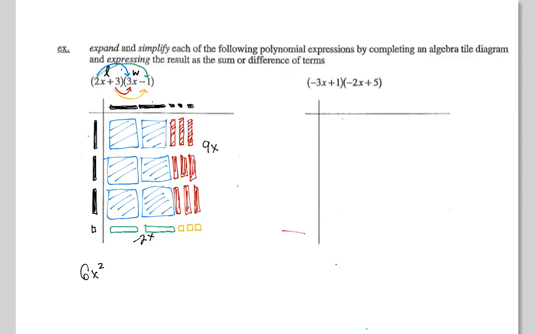So altogether that makes positive 7x. And then the very last term is negative 3. Good. So this is the goal of what we need to be able to factor. So let's take a look at this example on the whiteboard. 6x squared + 7x - 3.